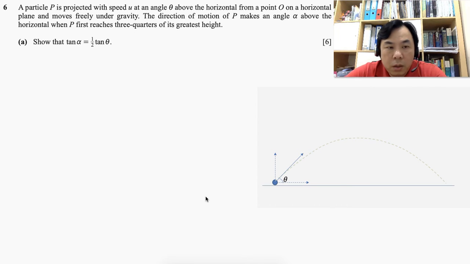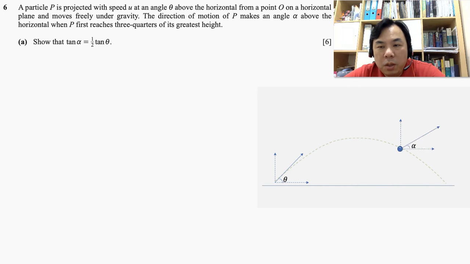Now let me show you what they are talking about here, right? Let me show you a little bit of animations here. Now this particle P is being launched. Okay, you can see that here. I'm gonna launch it now. Is it moving? Okay, now it's launching. It's moving now. Now it should reach the ground normally. Now let me show you one more time.